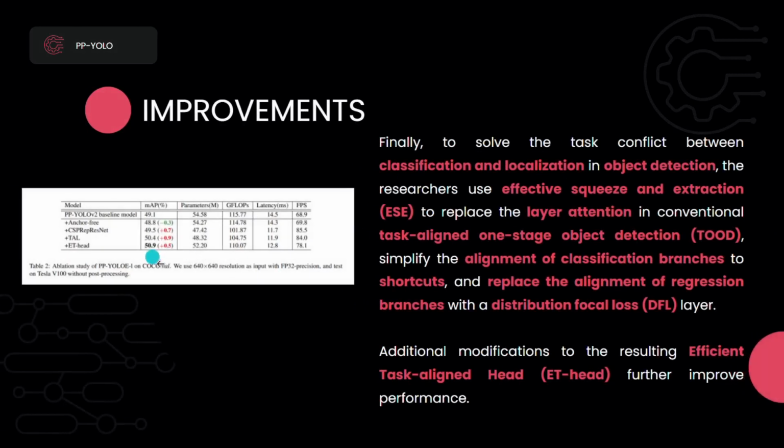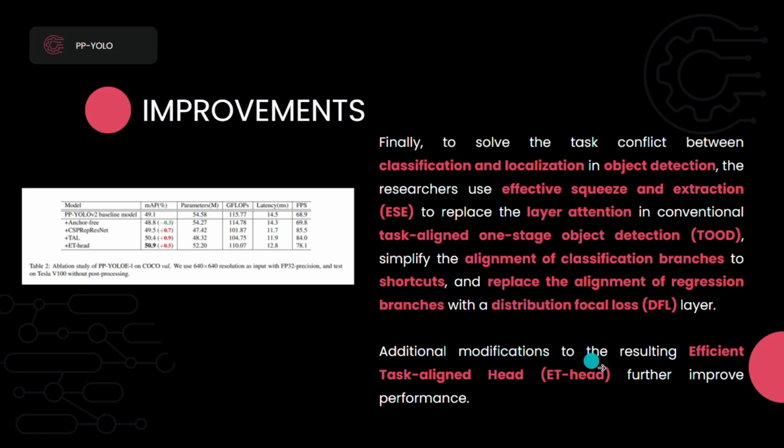So the final improvement that we haven't mentioned is the ET head. Finally, to solve the task conflict between classification and localization in object detection, the researchers use effective squeeze and extraction to replace the layer attention in conventional task-aligned one-stage object detection, simplifies alignment of the classification branch to shortcuts, and replace the alignment of regression branches with a distribution focal loss layer.